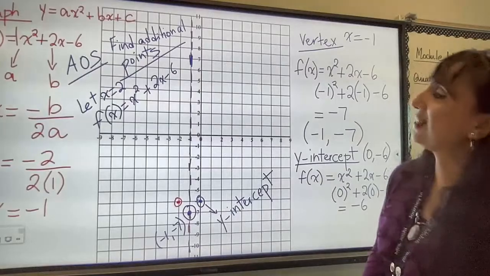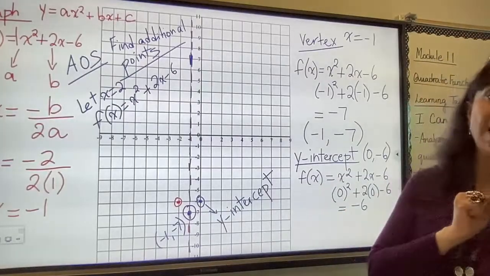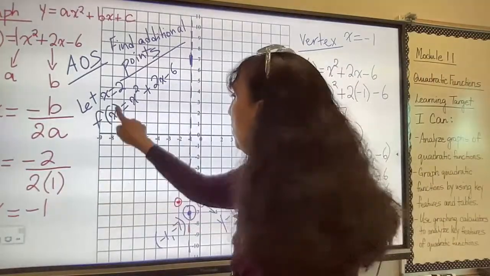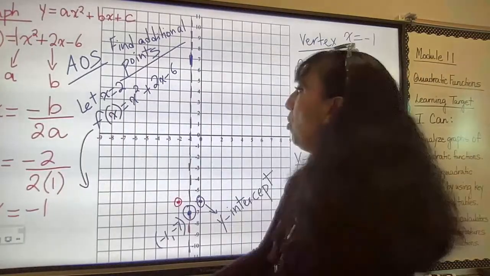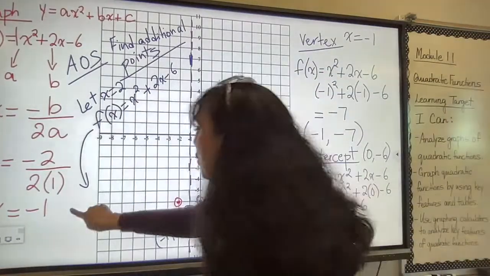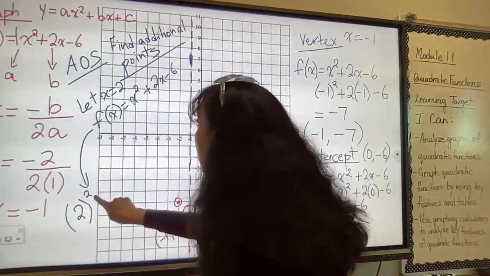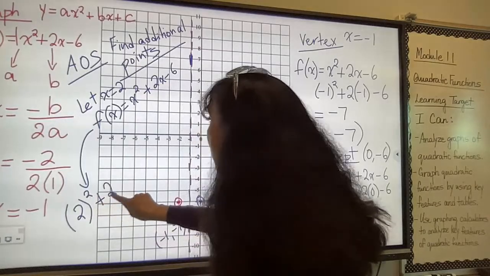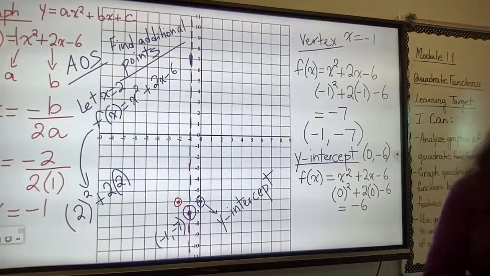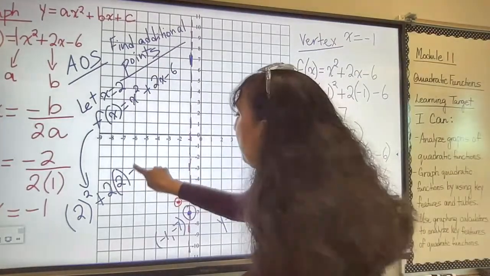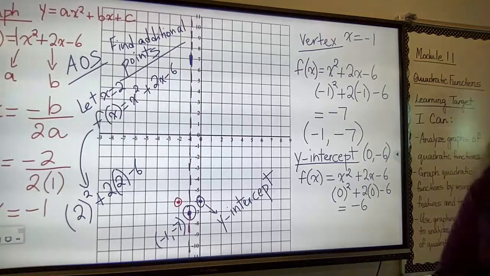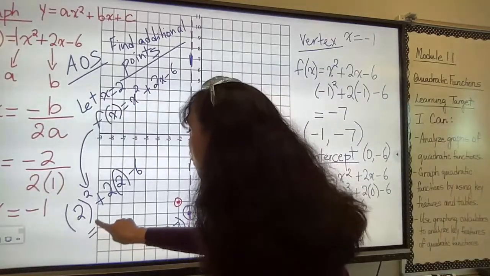I'm just going to write it here so that we have room. So I said x is 2, so we have 2 squared plus 2 times 2, and then I have minus 6. And when I simplify this, I get 2.